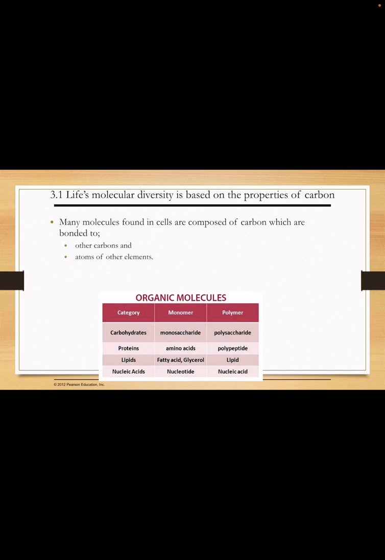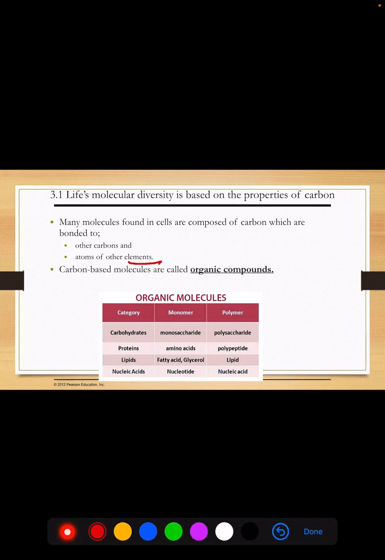There are many molecules found in cells, and they are composed of carbon. Carbon is our very important element. Remember, it has 4 valence electrons, so it can bind to all kinds of other carbon atoms and other elements. Carbon-based molecules are called organic compounds.